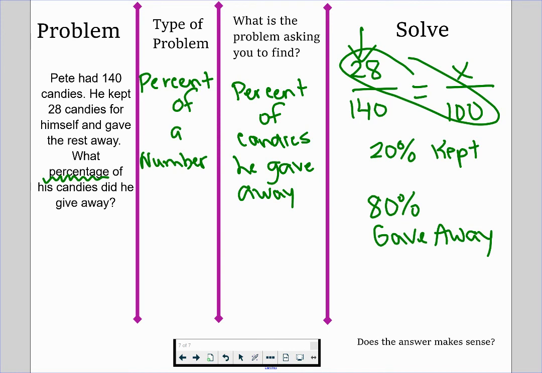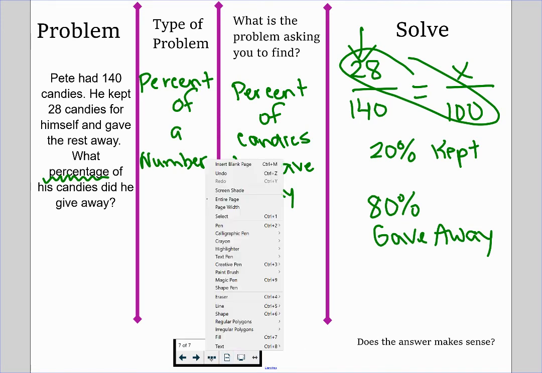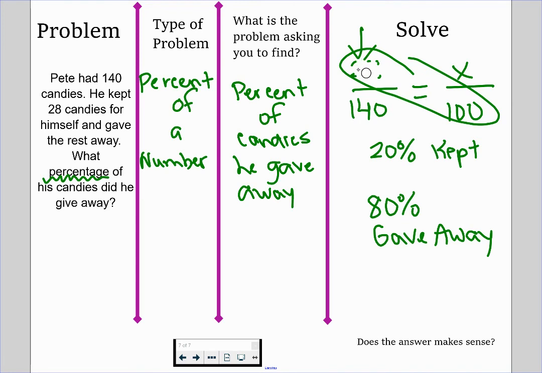The other way that you could have done it, and this would have given you the same answer, is you could have subtracted to figure out how many candies he actually gave away. So I could have taken 140 minus 28, and then I could have put 112 in here instead and solved it the same way. And that would have still given me 80%.